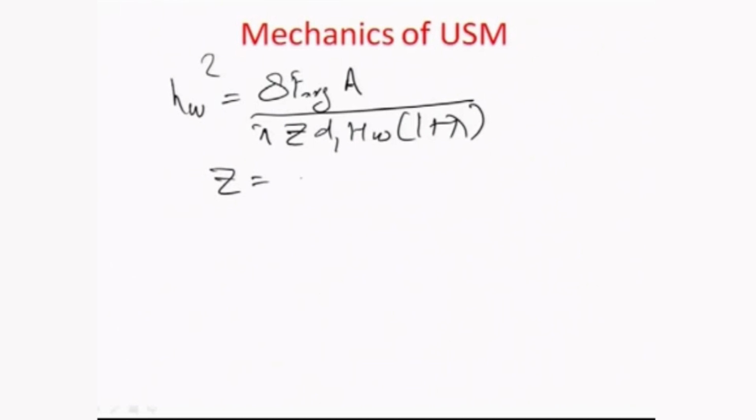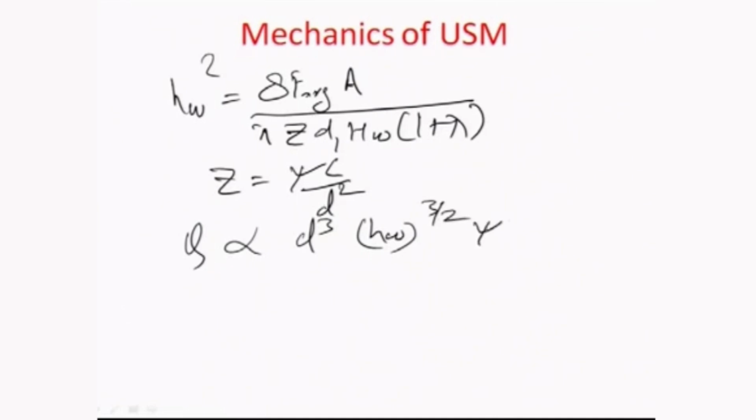And we already know that z is proportional to the concentration and inversely proportional to the square of the grain diameter. So, if we put all these together in the equation for Q, the Q equation becomes equal to cube of d times hw to the power of 3 by 2 times psi c by d square nu, okay.